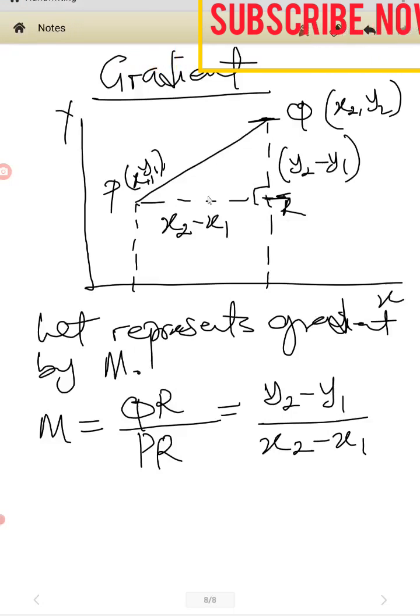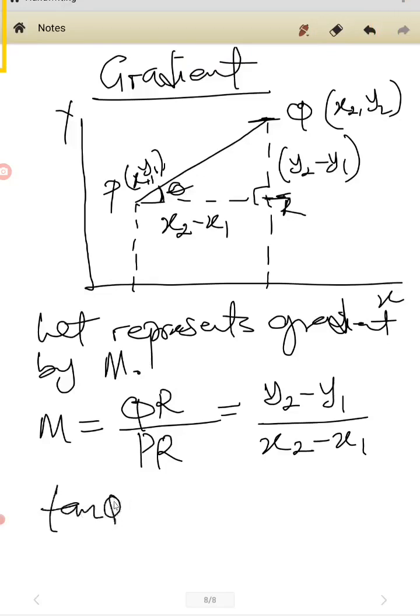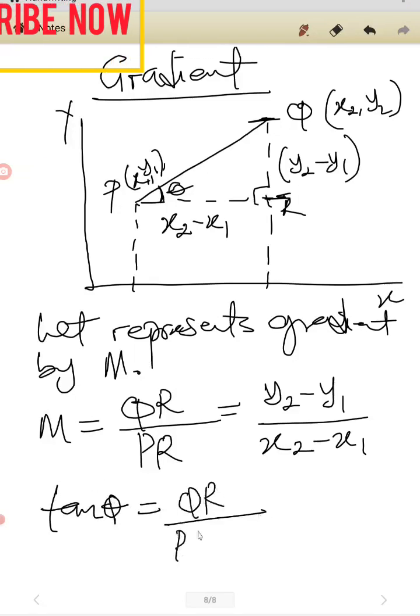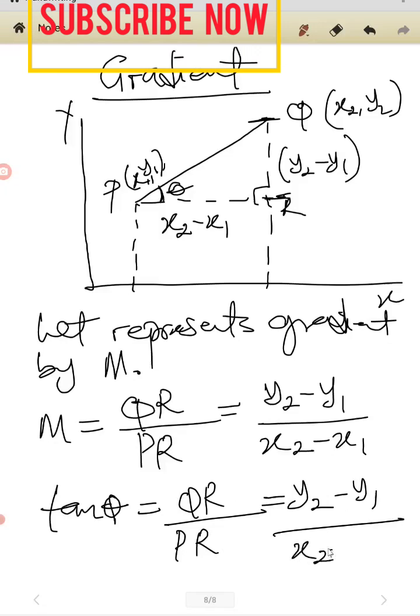And also, you're able to see that you can possess an angle like this, that if you have something like tan theta, it can be QR again over PR, which is the same thing as y2 minus y1 all over x2 minus x1.